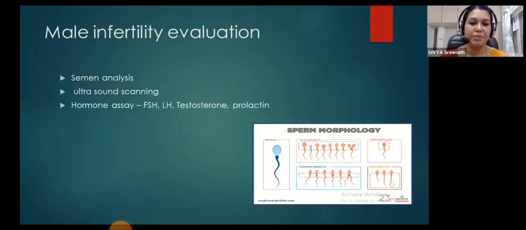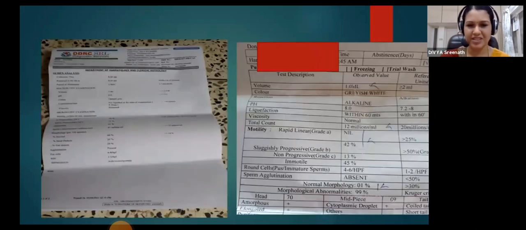The first and foremost test we have to do in a male infertility evaluation is a semen analysis. We advise a semen analysis after 2 to 3 days of abstinence, so that we get a proper sample. We will evaluate the volume.